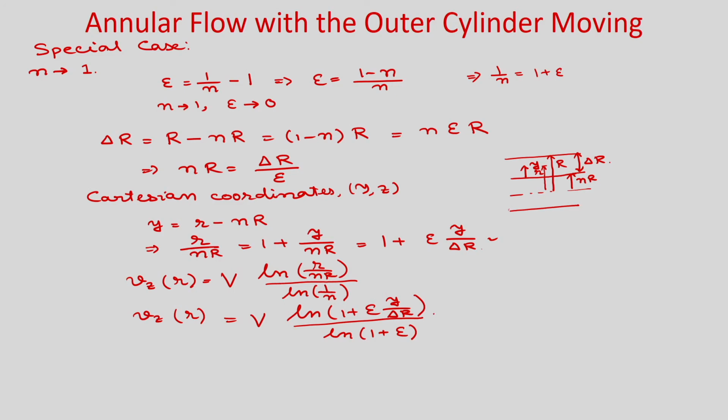So, you can see now, let us find when epsilon tends to 0. Okay. So, epsilon tends to 0, then we will use L'Hopital's rule.